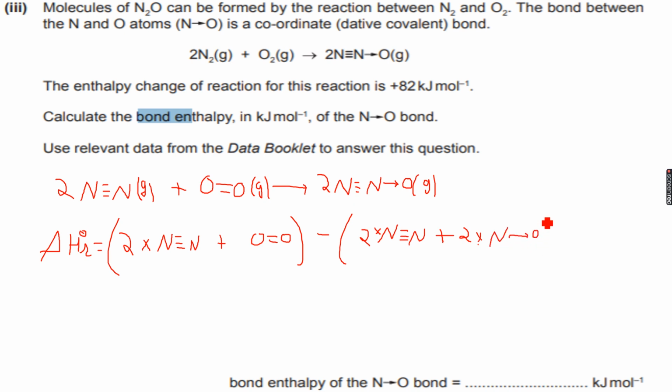So we have to do 2 times in each case, because we have 2 moles of this, so we have to do 2 times. So we have some value, so this is equal to plus 82.